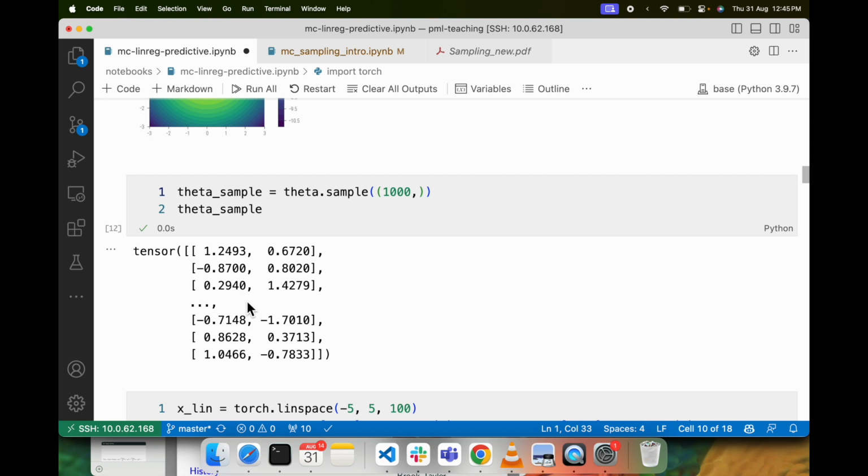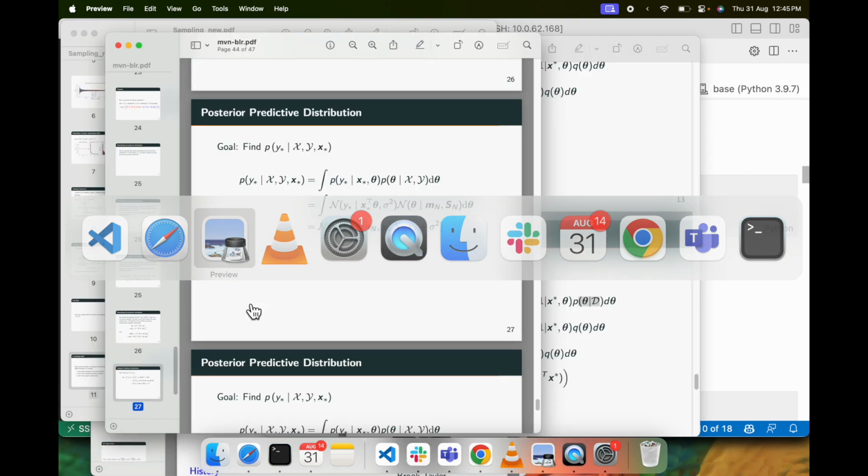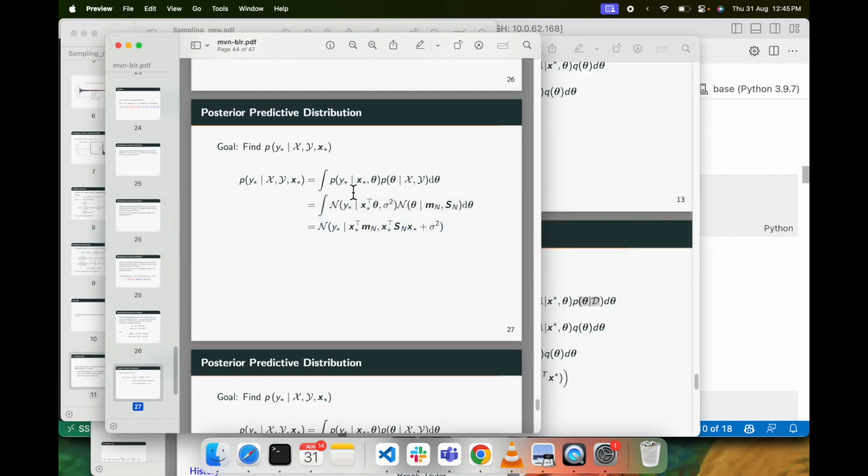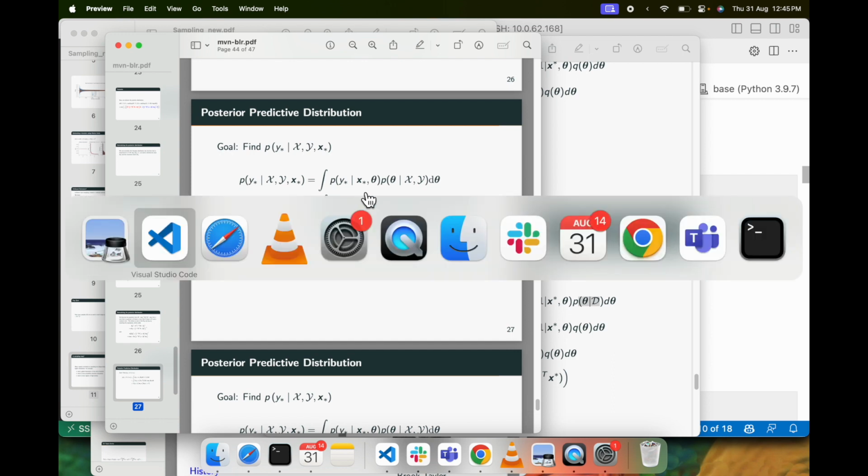F of xi is P of y star given x star and theta, which is just a likelihood term. For linear regression, that is just theta naught plus theta 1x. I know the normal distribution about this, so I'm just assuming the noiseless case. So it's just x transpose theta. That is exactly what we're doing here.